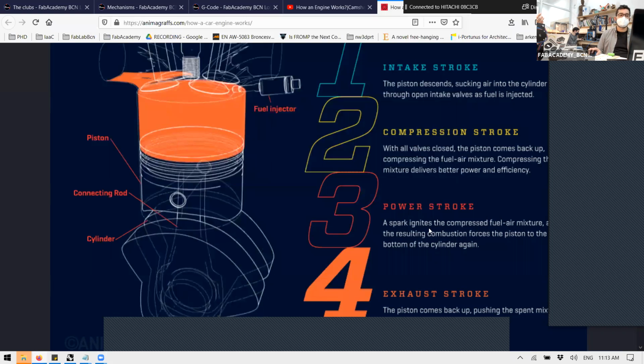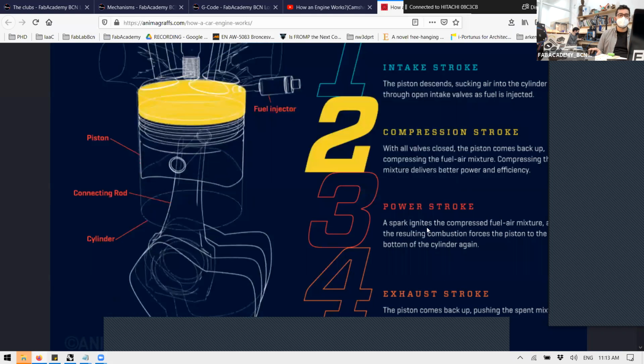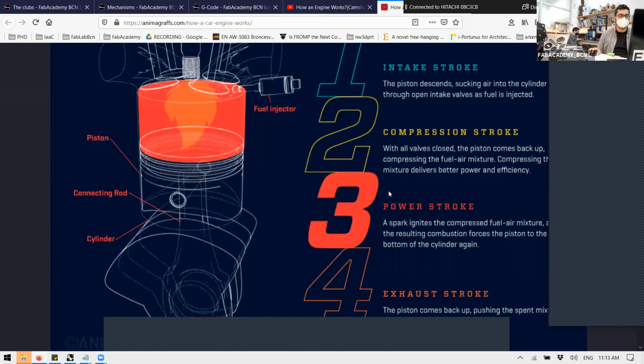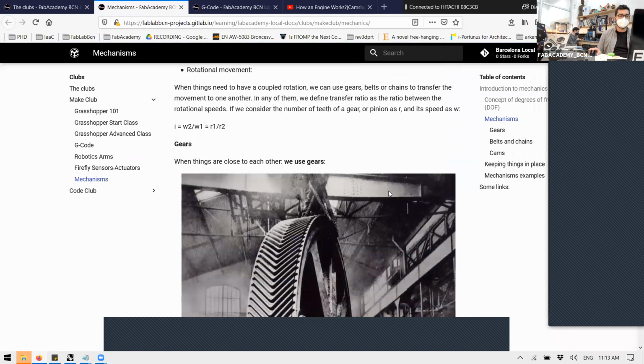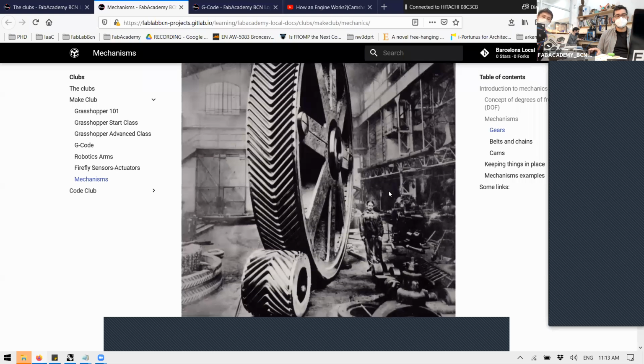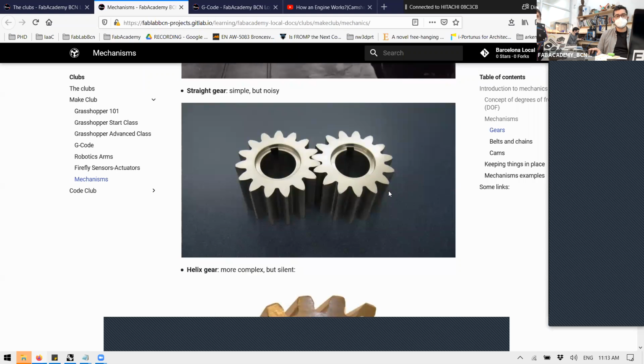Then if we want to transfer, and that is not normally the type of machines that we're going to be doing here, but if you go back to the mechanisms, normally the type of things that we're going to be looking at are either gears, like this one, that try to convert rotational movement into rotational movement, in different axes, exactly, but they don't even have to be aligned.